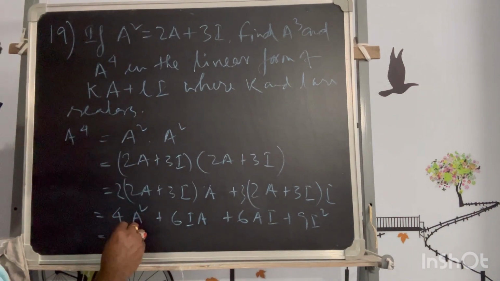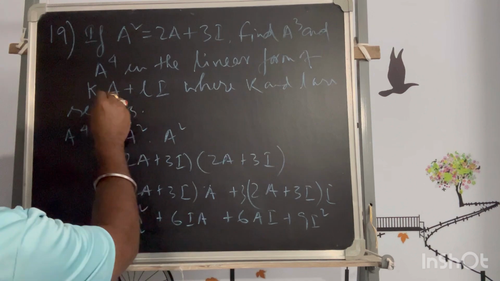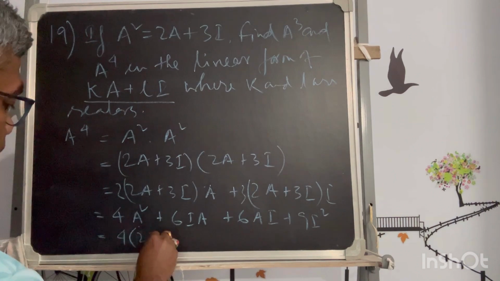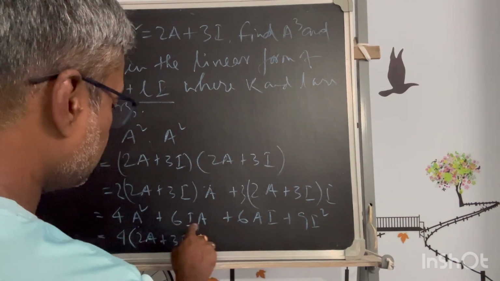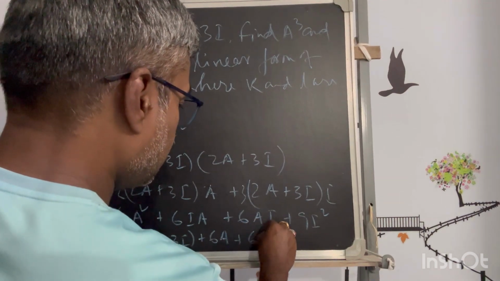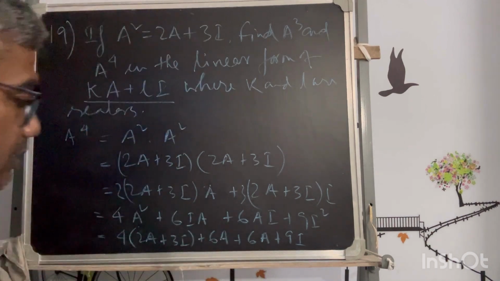So this is 4a square, and here you have to bring it into the same form, so a square can be replaced further with 2a plus 3I again. This will convert into 6a only, this also into 6a only, and this 9I square will convert into 9I.